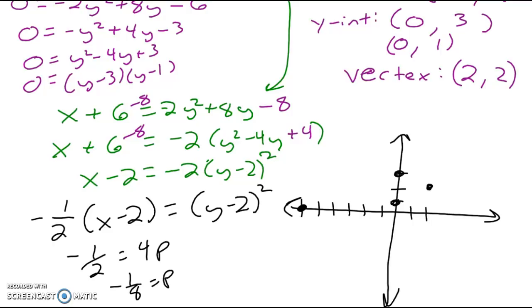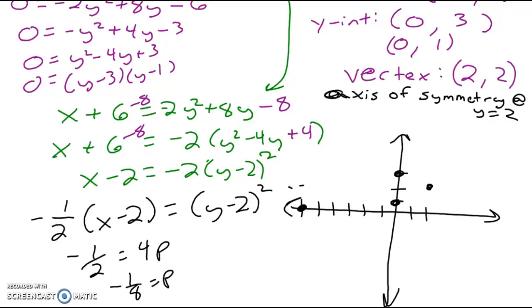And actually, I'm seeing this parabola start to form, and I know we have an axis of symmetry. We have the axis of symmetry at y equals 2.